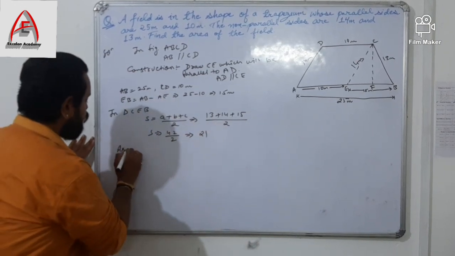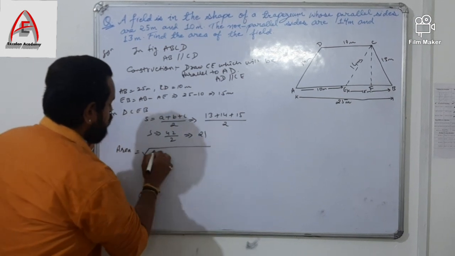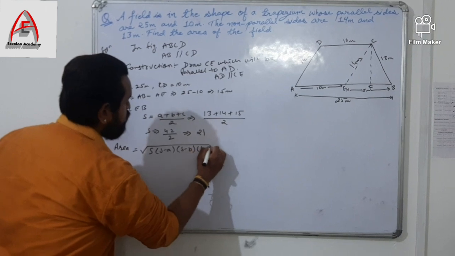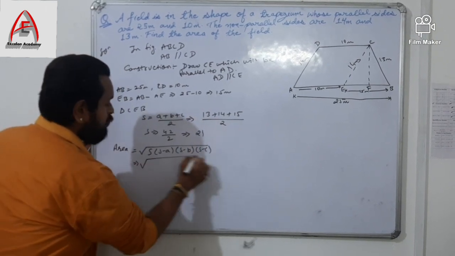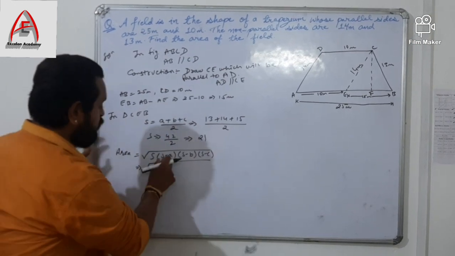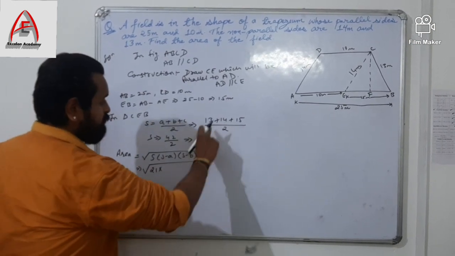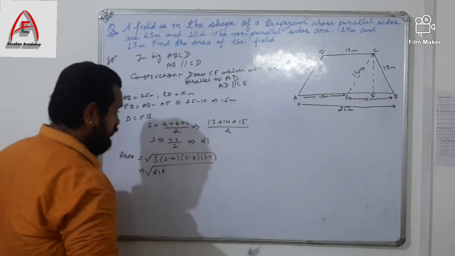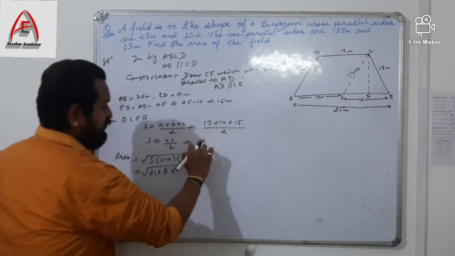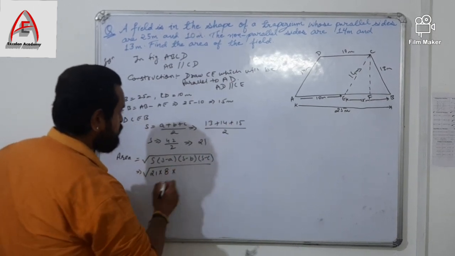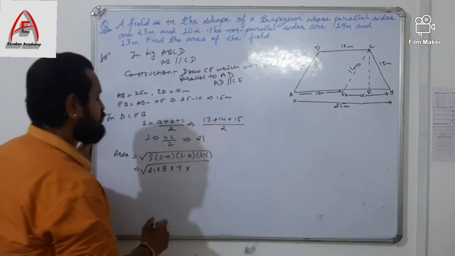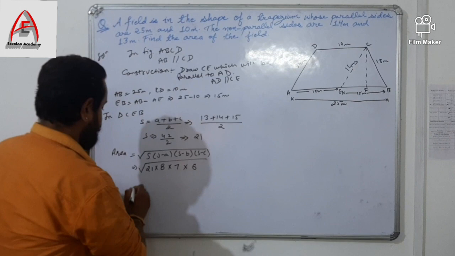Now area will be root of S into (S minus a) into (S minus b) into (S minus c). Now put the values. S is 21 into, I am directly subtracting and writing the values here: 21 minus 13 will be 8, into 21 minus 14, this will be 7, into 21 minus 15, this will be 6.